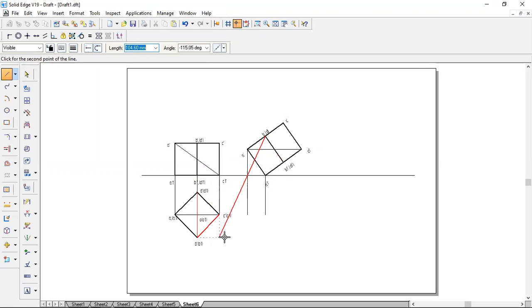Similarly, d comes here. Then c dash. Next, the bottom base corners: a1, b1, d1, and then c1. So c1 dash comes here.